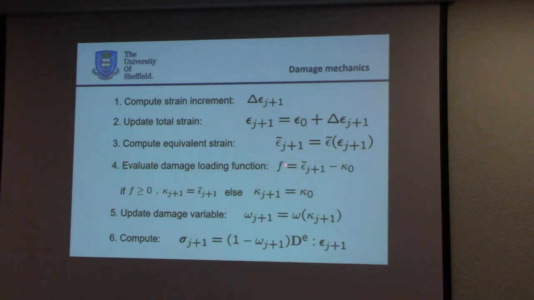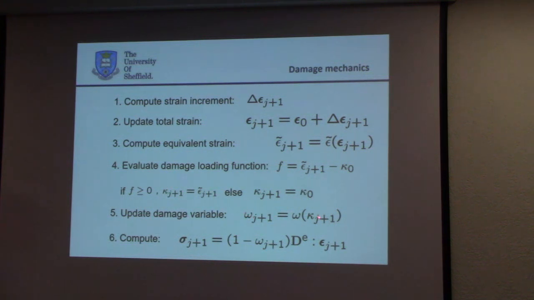You evaluate your loading function as the difference of your equivalent strain, which you just computed, and the history variable kappa, which you have memorized. If F is greater or equal to 0, you have loading, and you update kappa. Else, if it's smaller than 0, you keep it to the old value.